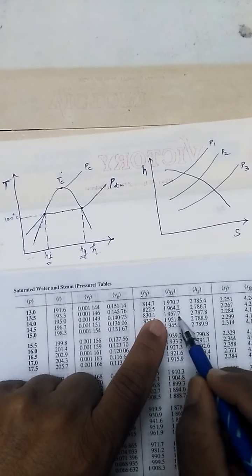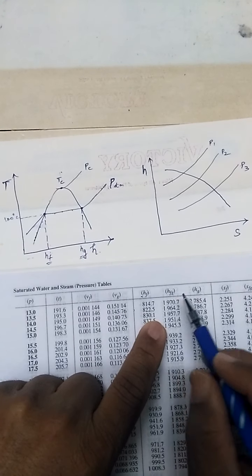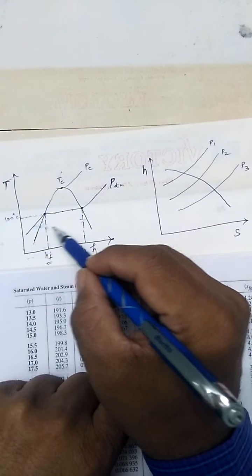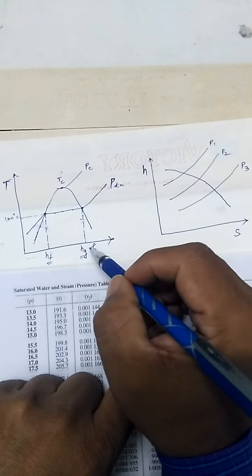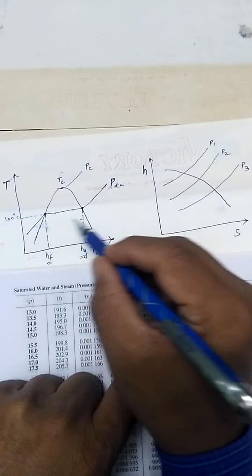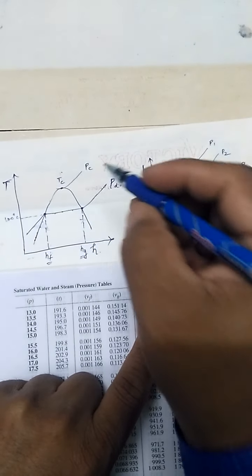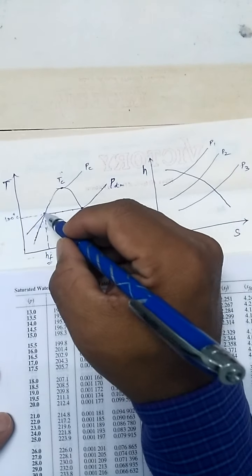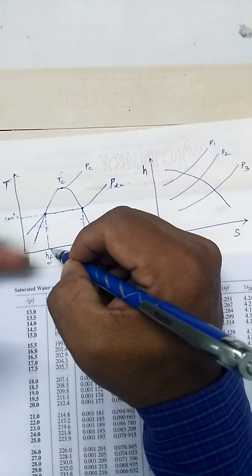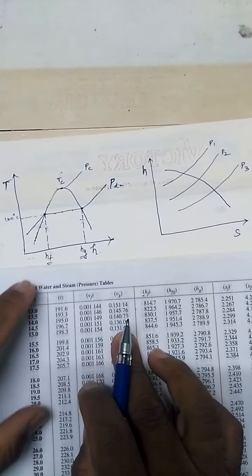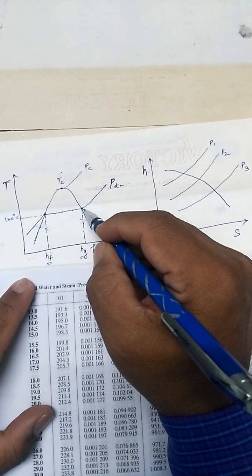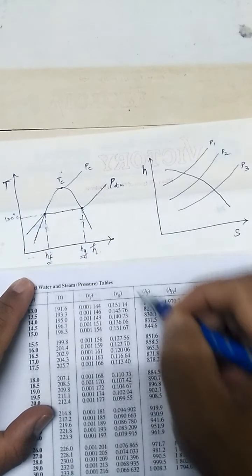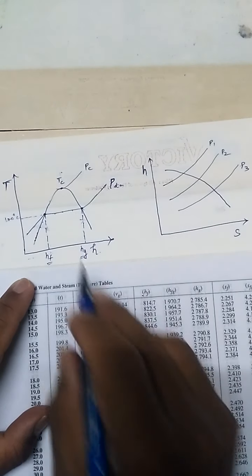In between these we get the Hfg, which means the heat available in this region. Hg minus Hf is the Hfg value. So suppose I have a point here, I can directly read the value from the table. Or if I have a point on this line, I can read the value here.